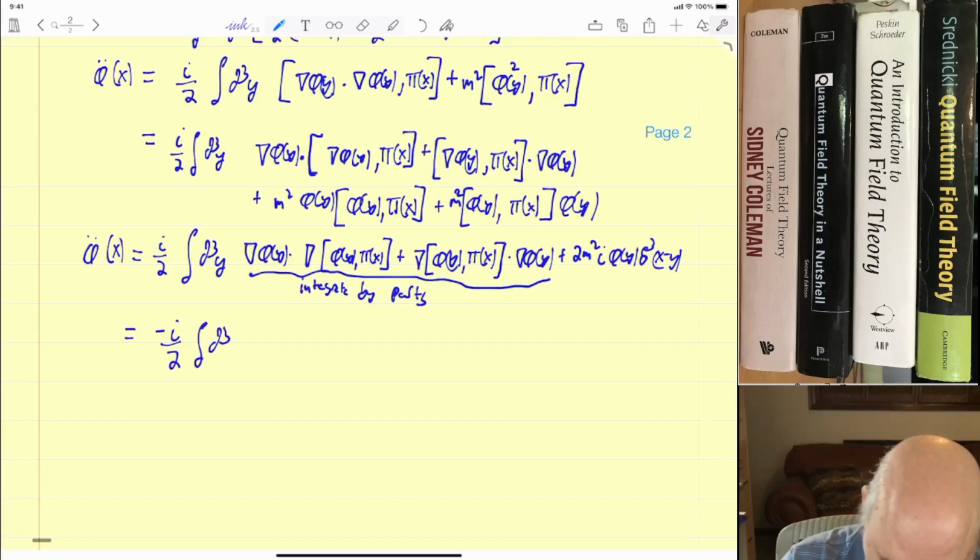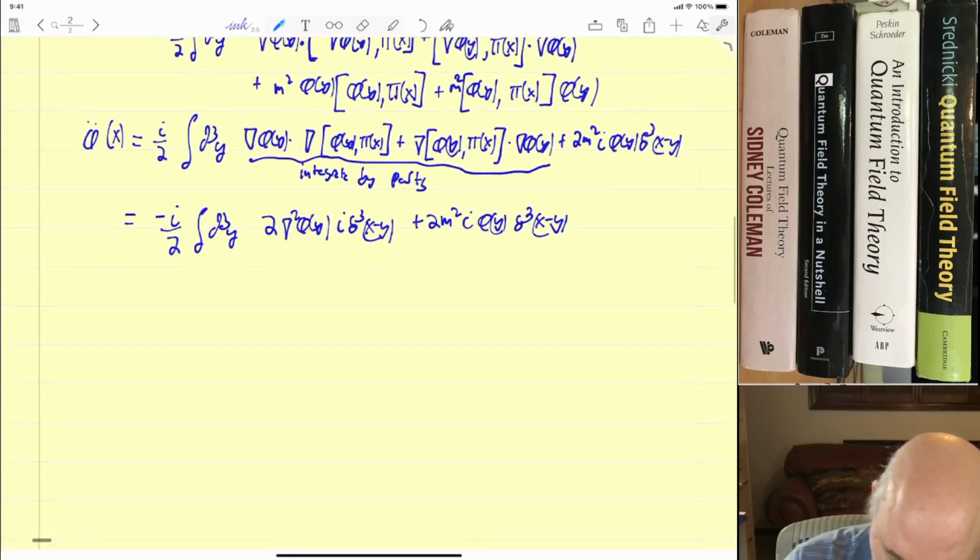The integral of d3y. Once you integrate by parts, this becomes del squared phi of y, and both these terms become the same del squared phi of y, and the commutator is the same. So we just get 2 del squared phi of y. Then the commutator itself evaluates to a delta function. Then I have plus 2m squared i phi of y delta 3 of x minus y.